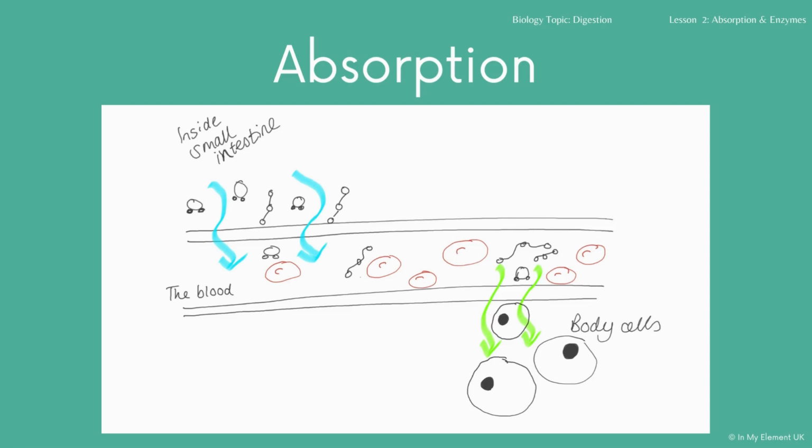Okay, they're then carried in the body before they pass through the wall again into the body cells, which is the green arrow. So the blue arrows are showing you it moving into the blood and to be transported to where it's required, and then the green arrow is showing how those small molecules are moved into the body cells.